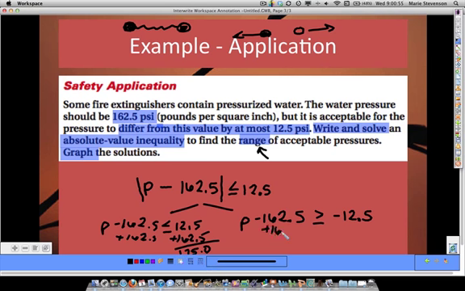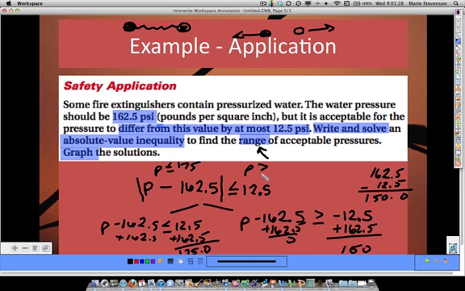Over here I'm writing plus, but really because this is negative, I'm actually going to subtract. For those of you that can't do decimals in your head, I suggest you do it long ways to make sure you're doing it correctly. So 150. Because I'm running out of space, I'm going to put it right here. So we have P less than or equal to 175, and then we have P greater than or equal to 150.